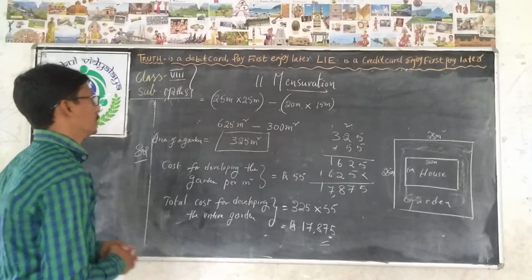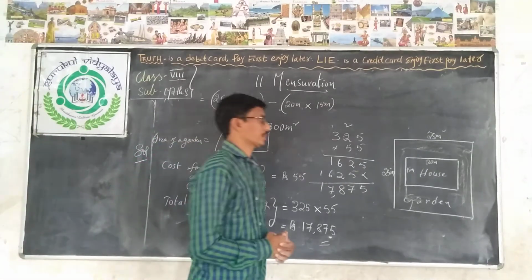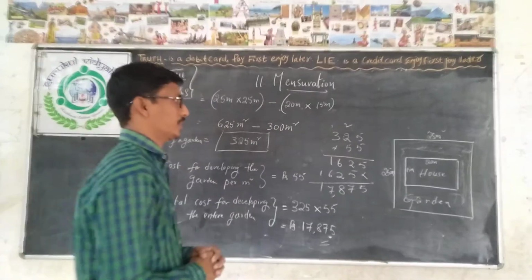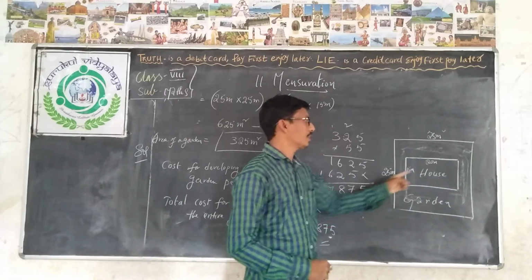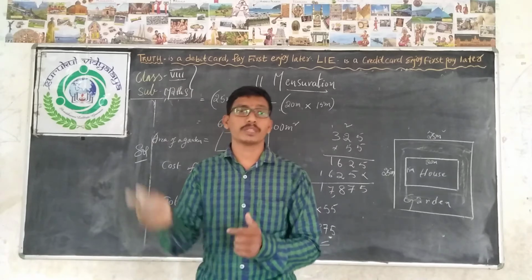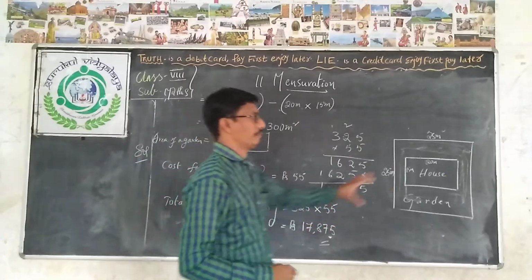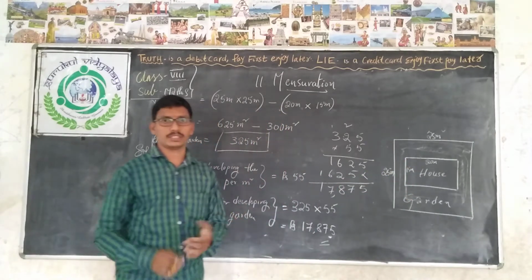Understood, children? It is a very important problem, but it is the easiest problem. First of all, you have to know how to find the area of the garden. Don't be confused in that. First take the total area of the square plot, and remove the total area of the house from it. Then automatically we will get the area of the garden in square meters.